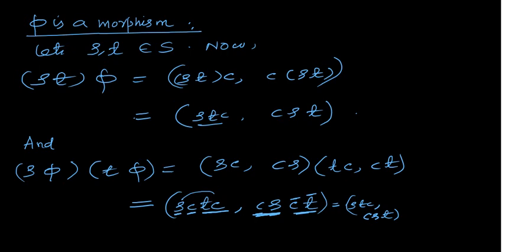So it proves the morphism property: ST phi is equal to S phi T phi. So this phi is a morphism.